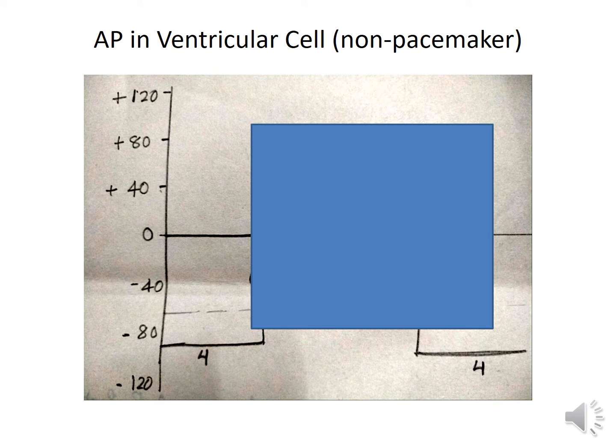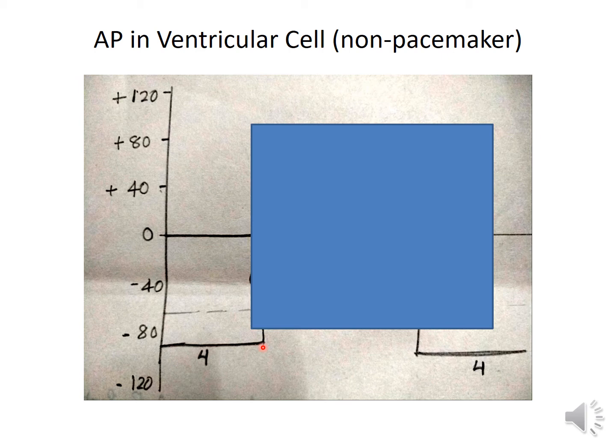Now let us see the action potential in a ventricular cell, which is a non-pacemaker type of tissue. Here you can see that resting membrane potential is minus 90 millivolt, and there is no change in membrane potential as it is a non-pacemaker tissue. So when a wave of depolarization reaches this tissue from a conducting tissue, what happens?